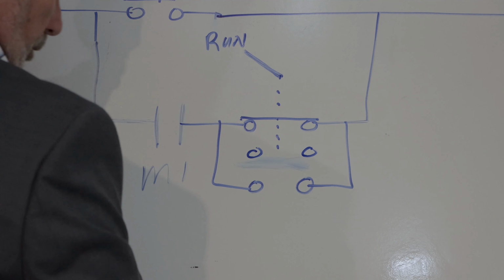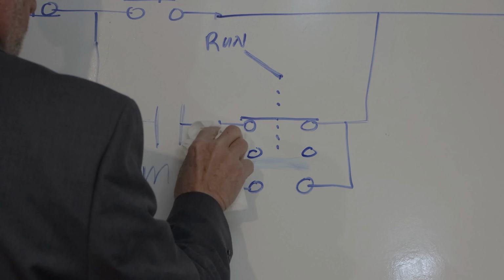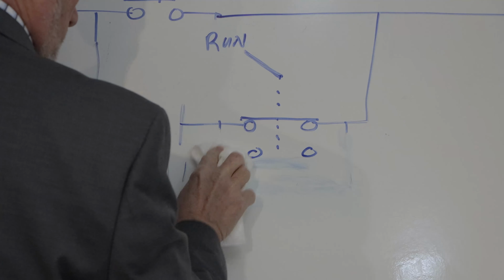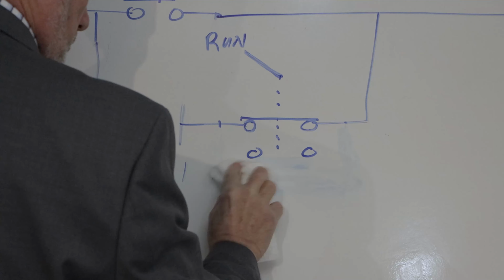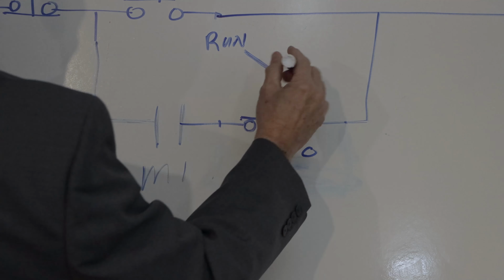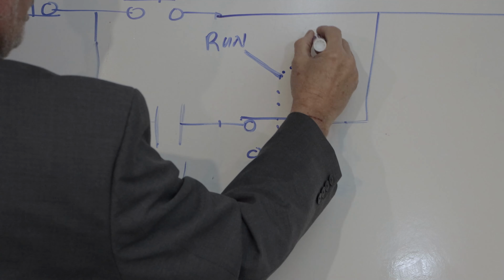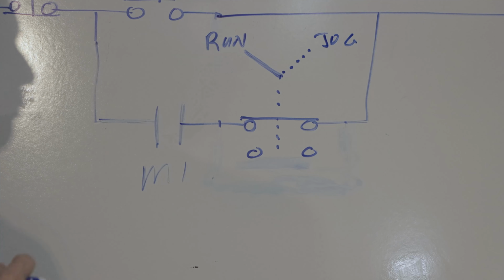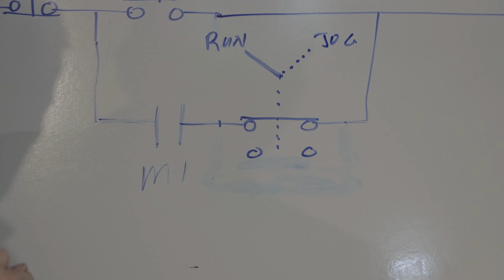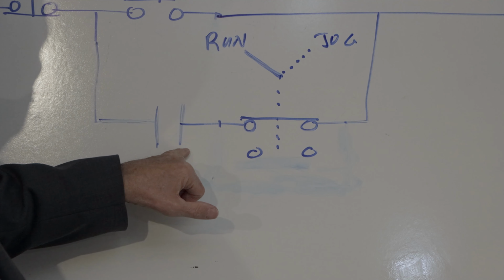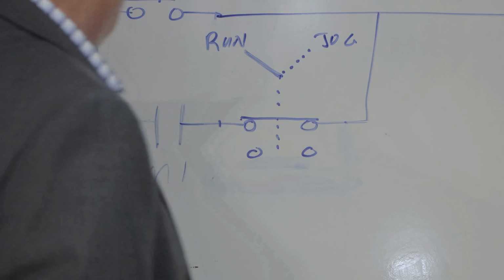Another way to draw it. So in the run position, I'm engaged. In the jog position, I've opened up this rung.